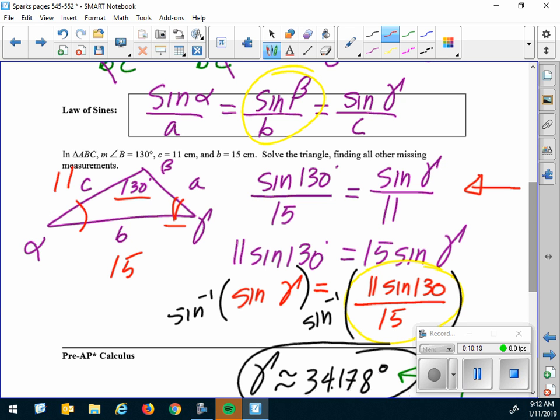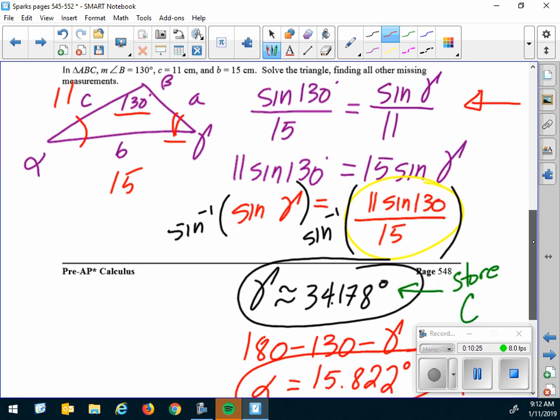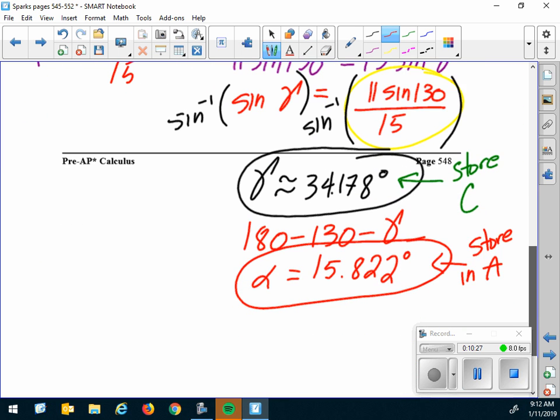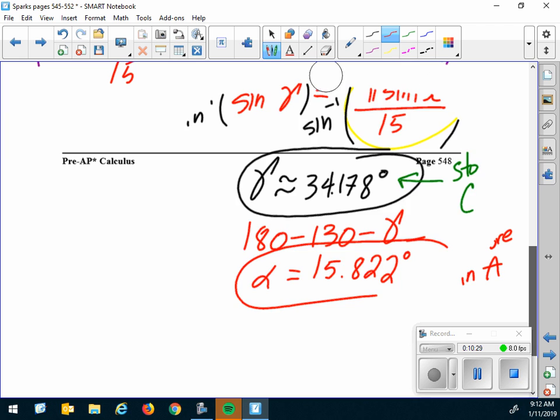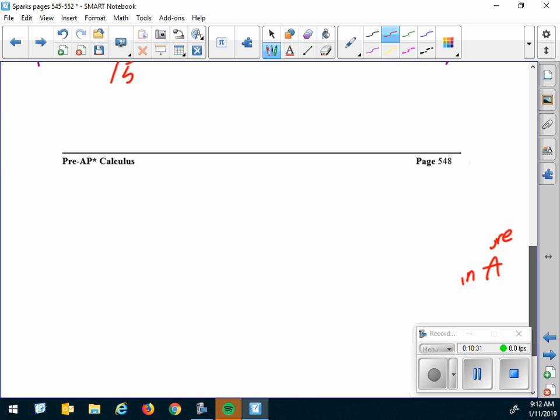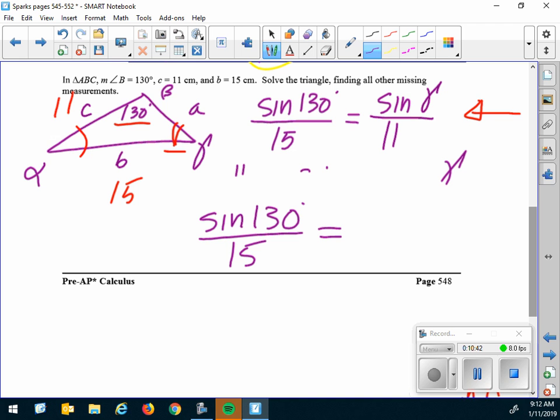Now, I'm going to use sine beta over b because those are just nice, easy numbers, right? So, what equation will I need to use? I'll do sine beta over b, and I need to find side A. So what am I going to do?